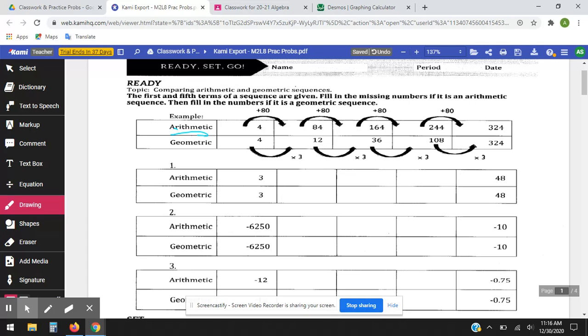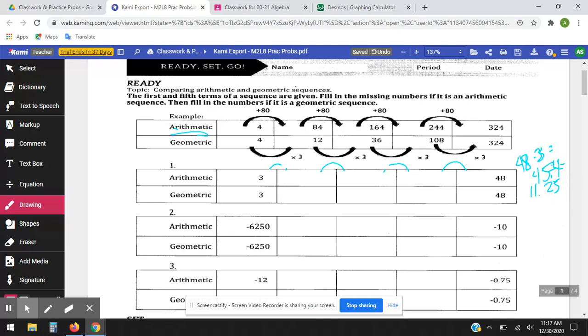To start with the arithmetic, we have to subtract our first and last numbers. So 48 minus 3 equals 45. And I have 1, 2, 3 jumps. Nope, 4 jumps, right? So I'm going to divide that 45 by 4, and I get 11.25.